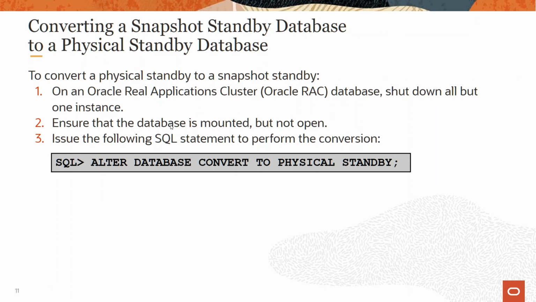What it does, behind the scenes, is flashback database is applied, and that must be done in mount state because it is an incomplete recovery. And then redo received from the primary database will be applied to resynchronize the physical standby database with the primary database.